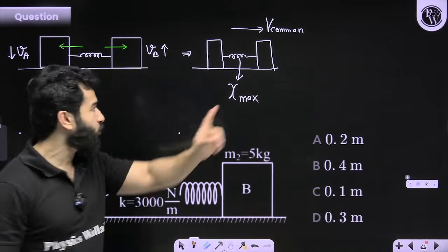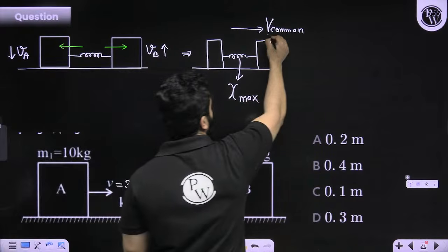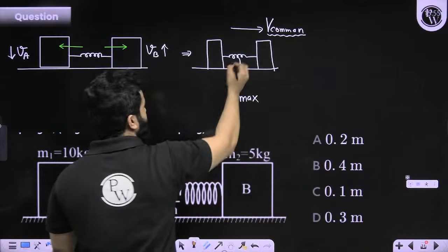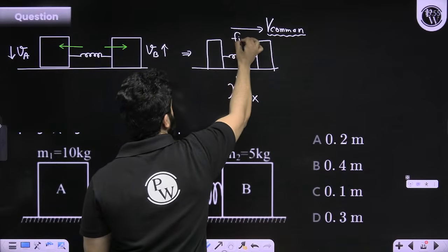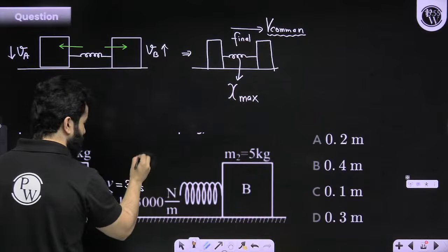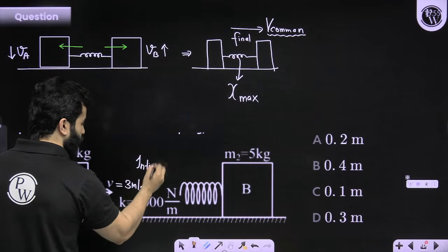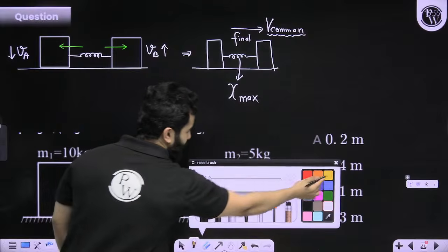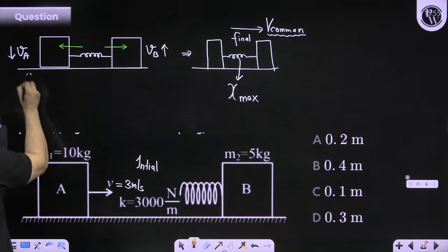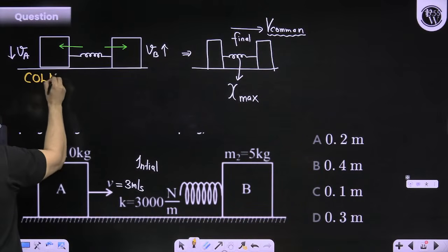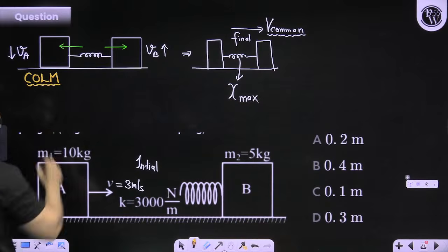Now how to find out? First we are going to find that common velocity. Let's say this is our final state and this is our initial state. First thing first, let's apply conservation of linear momentum.